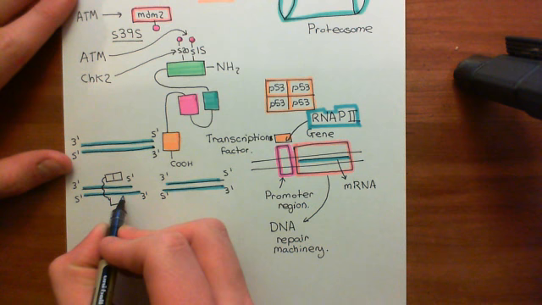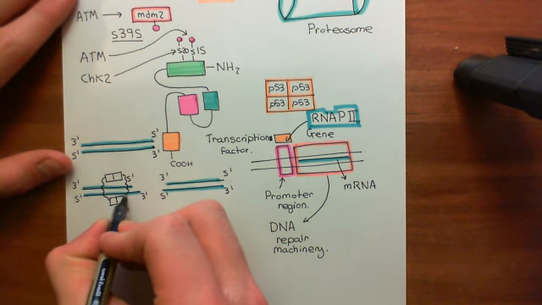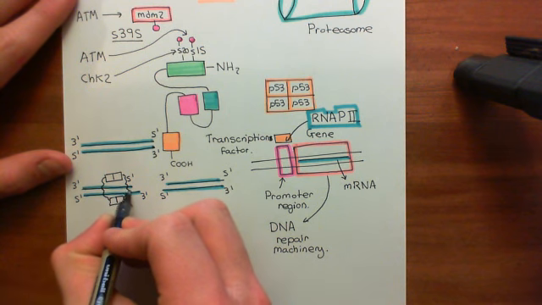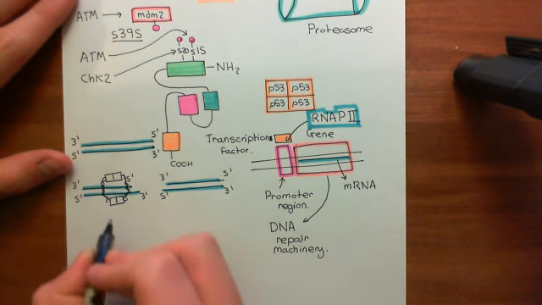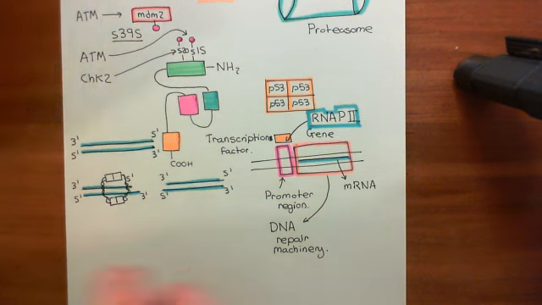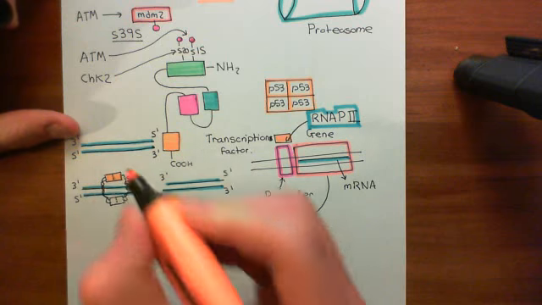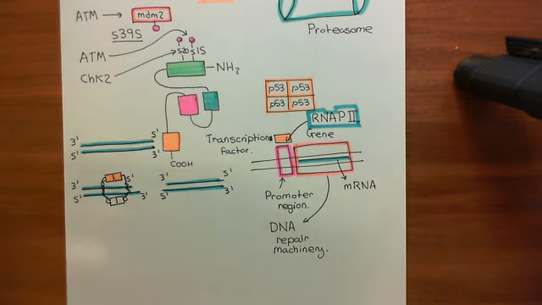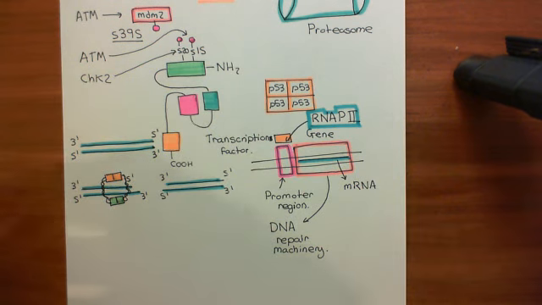Then we've got our heads here. And then the coil domain comes here like so. I'll just finish that off like there. So those are the Rad50 proteins here. Let's colour them in again. We'll have the zinc hooks in orange here, and we'll have the heads down here in green.